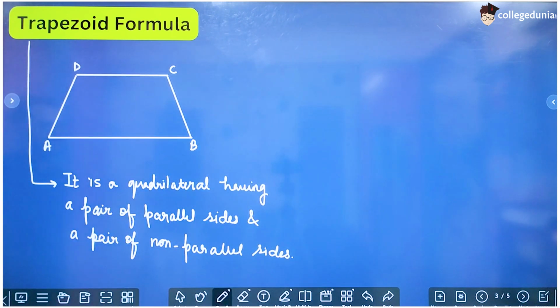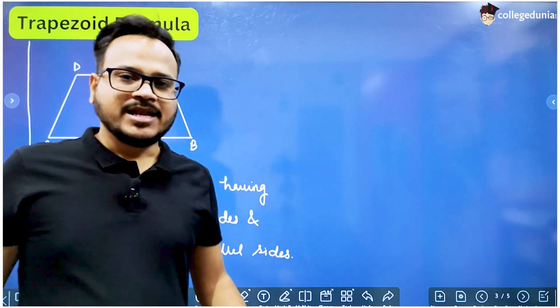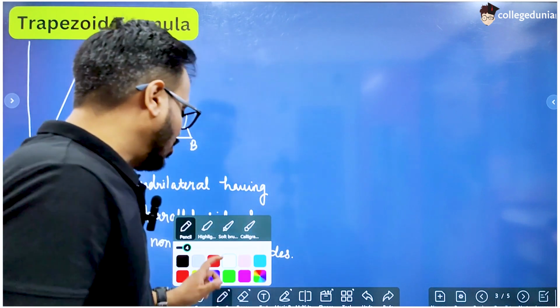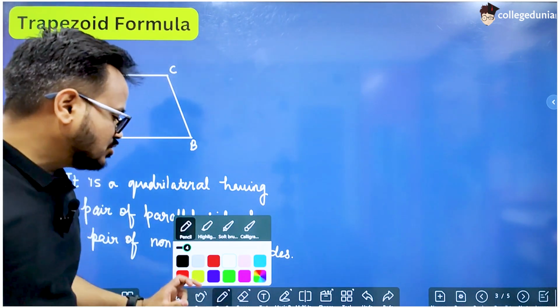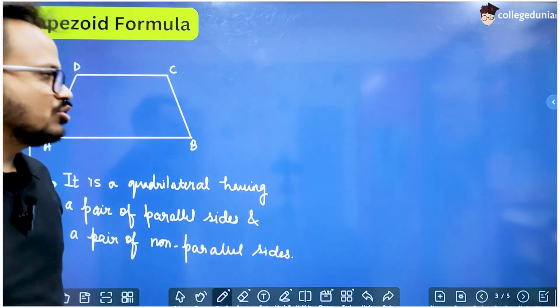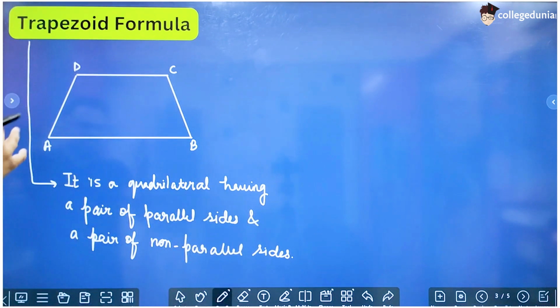Right? This is also called a trapezium. So trapezoid and trapezium both are the names of this figure.